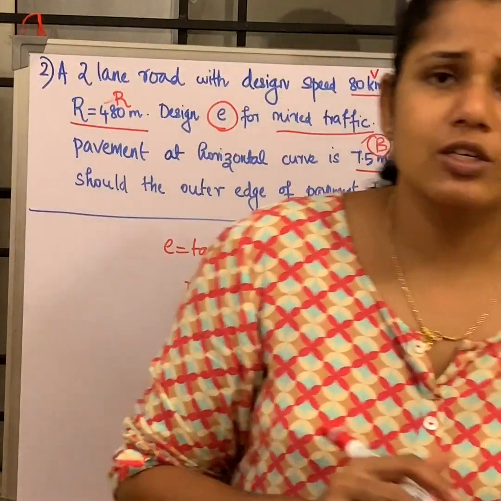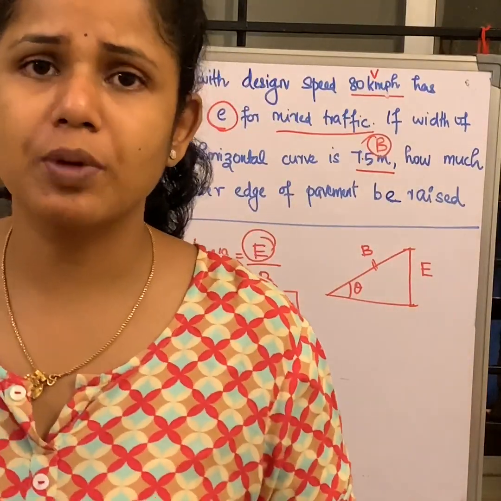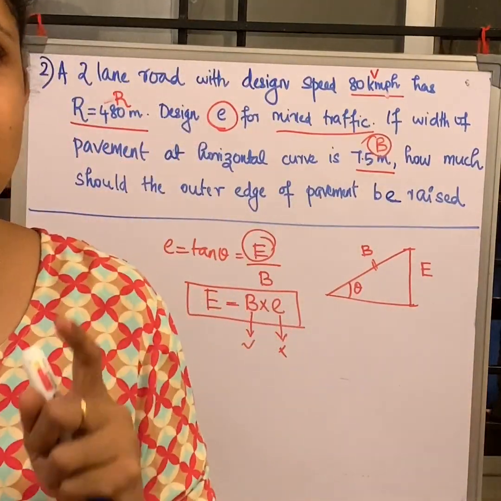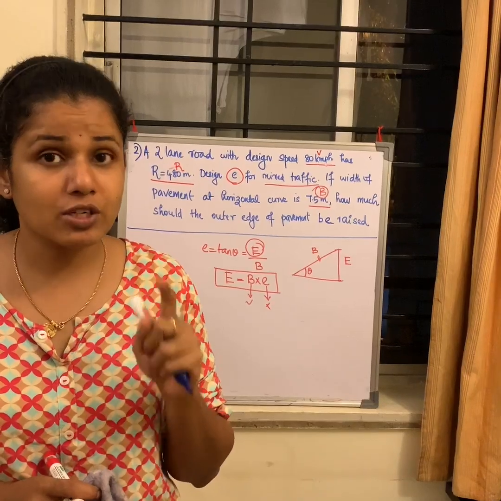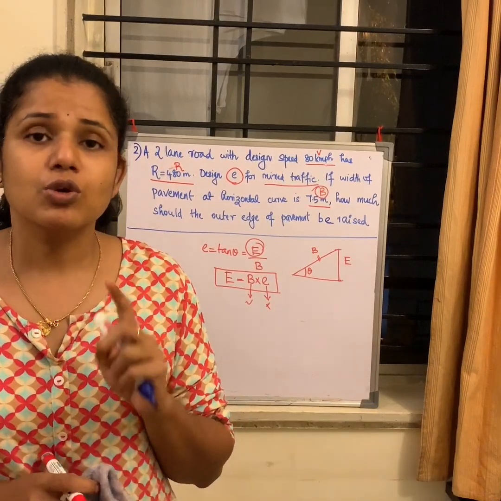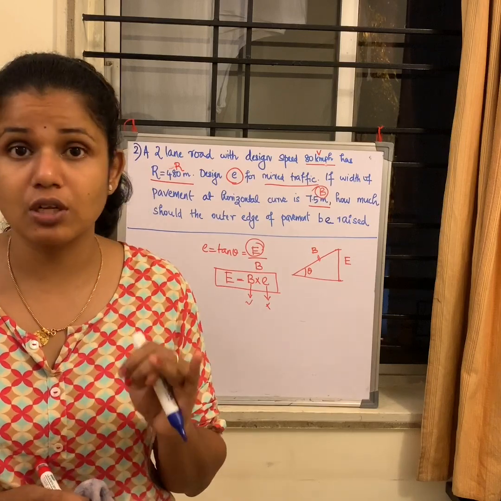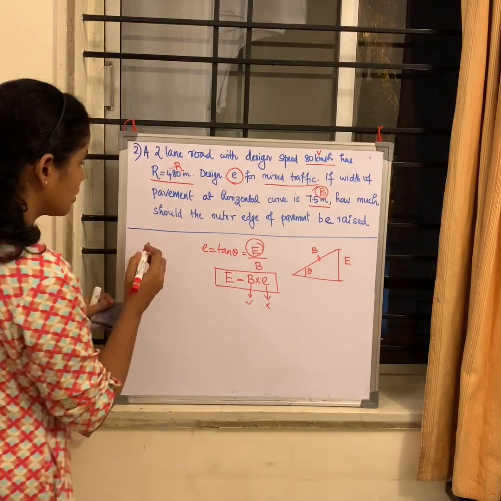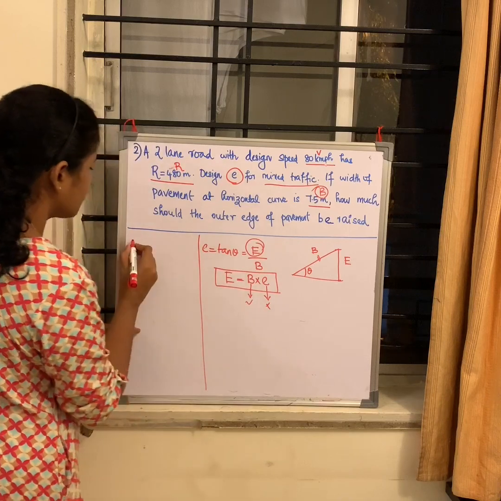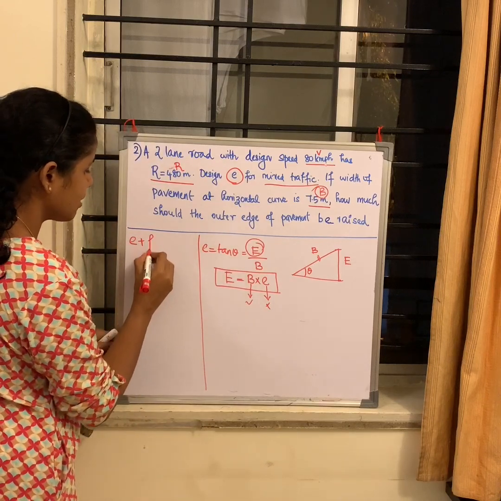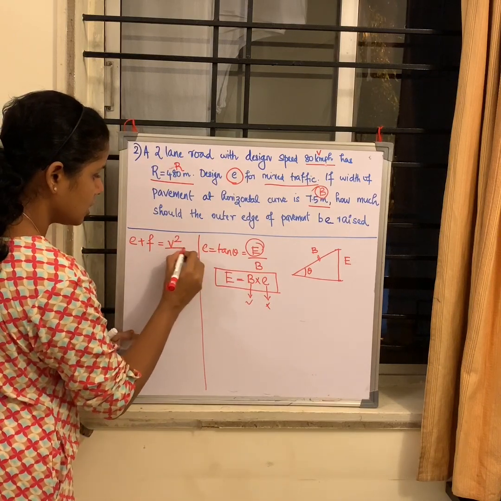Please recall when we spoke about the design of super elevation, we said that catering to the mixed traffic condition, you should be taking 75% of the design speed, neglecting friction. These two criteria are the most important points you need to remember. So we wrote our equation as e plus f is equal to V square by gR.